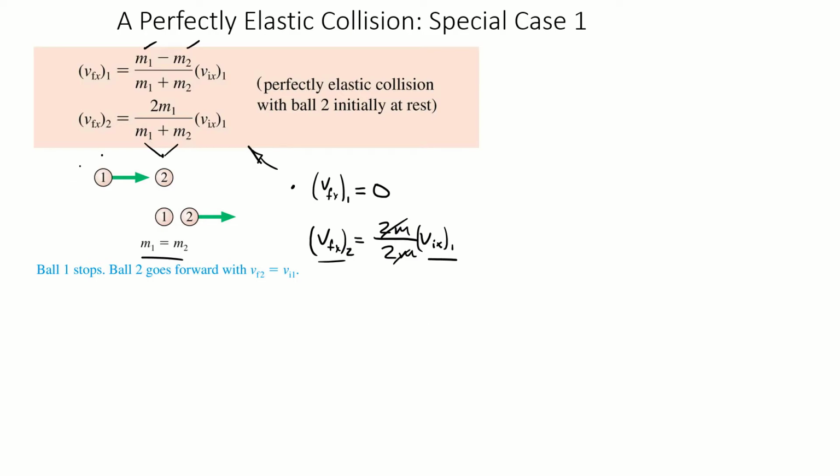So we've essentially described the billiard situation: I hit the cue ball, it hits the stationary ball, the cue ball stops, and the other ball moves off with the same speed it was struck with. Our equations tell us that's what's going to happen. So things seem to make sense.